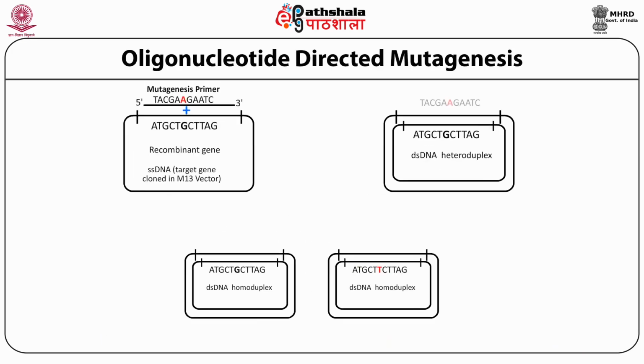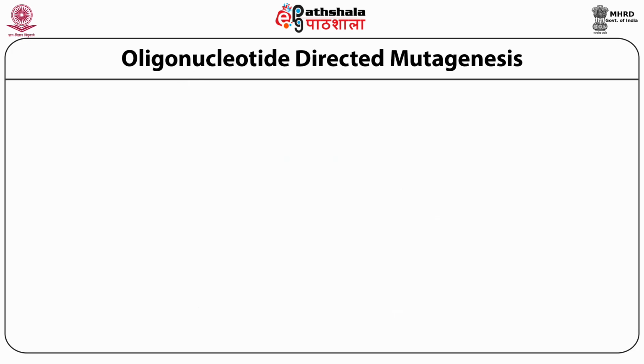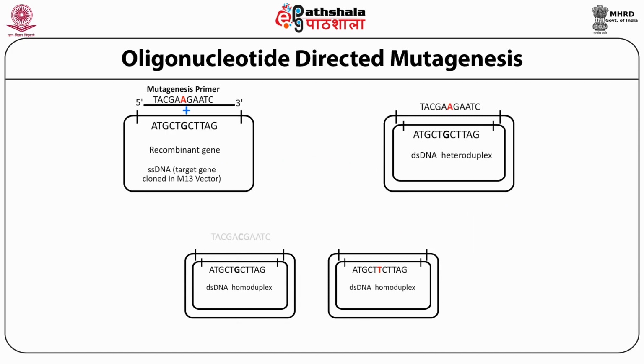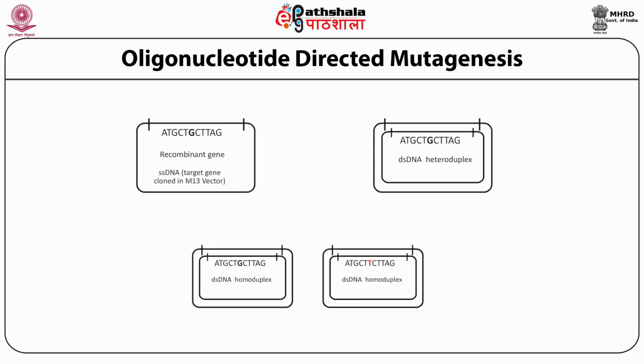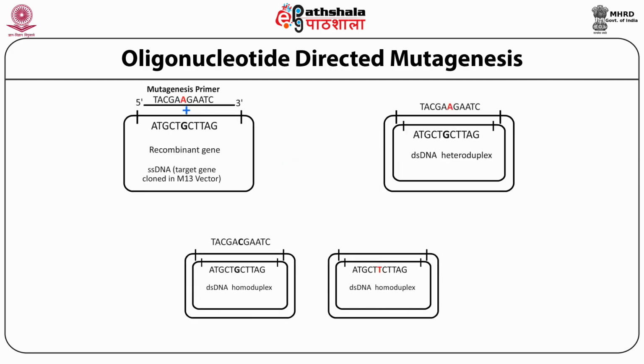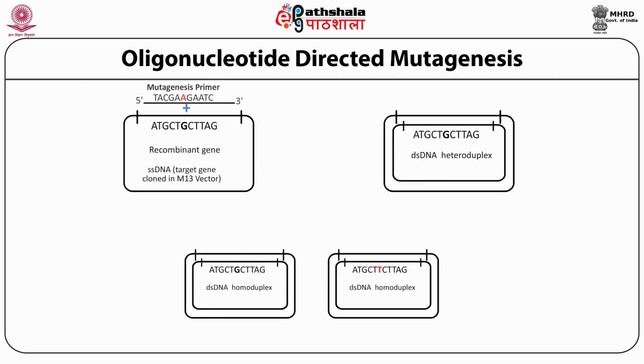So in the primer extension method, let us look a little deeper at how this method works. This is, as I told, an oligonucleotide directed mutagenesis. The primer which is used in this method is harboring the mutation in it. Generally you would require a single stranded target gene, which you can generate by cloning your DNA into an M13 vector.